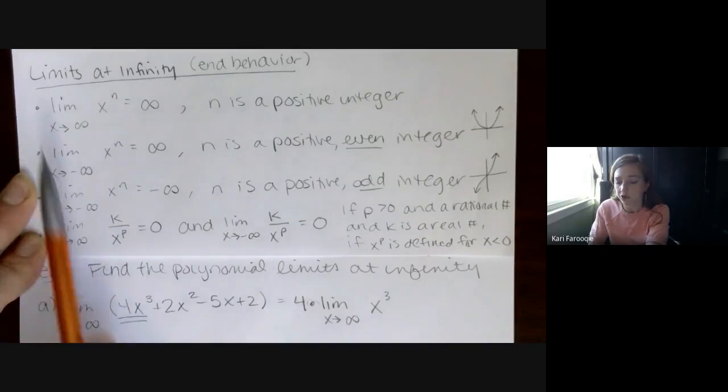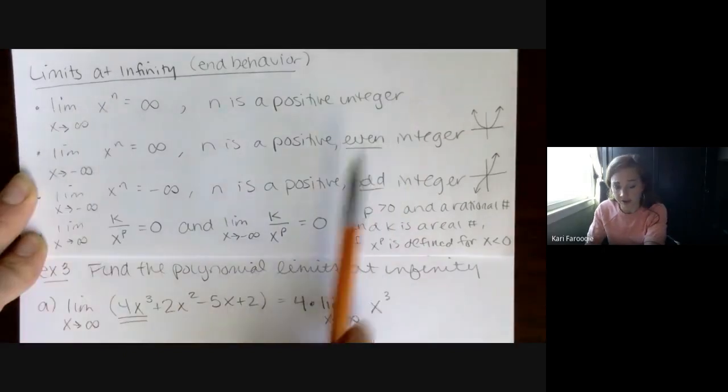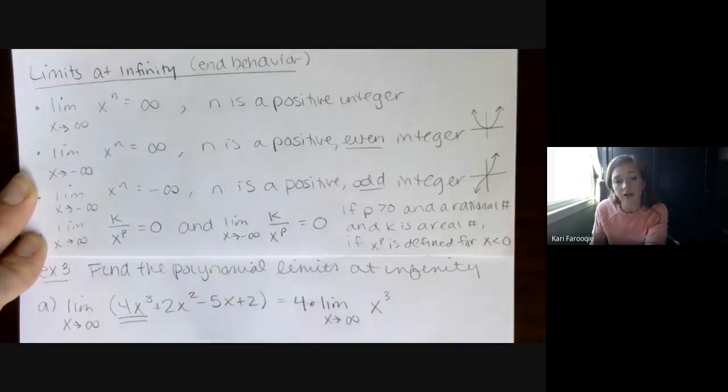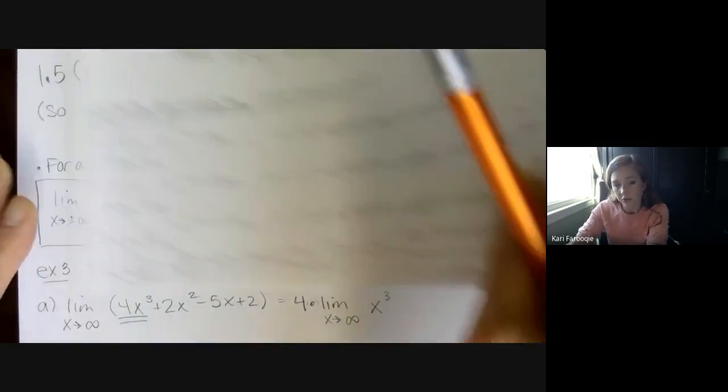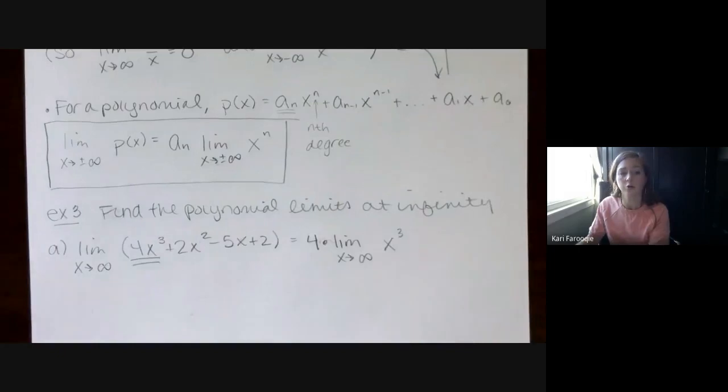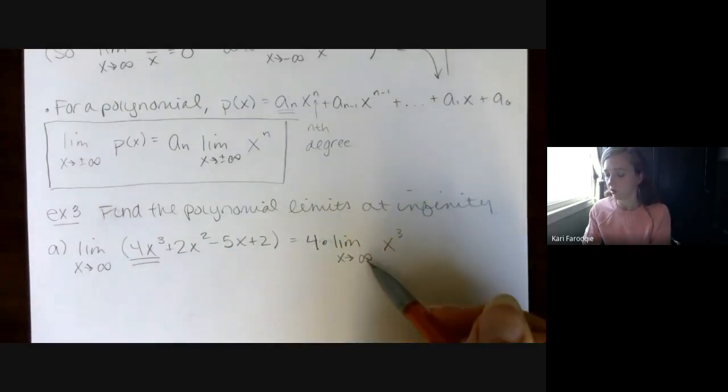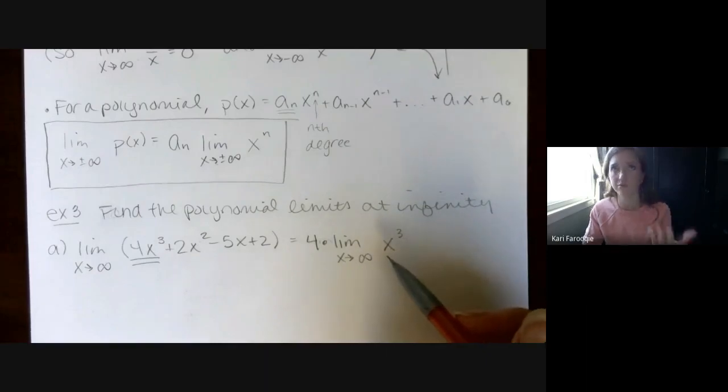Now, some of you will look back at this and do your limit that way. For others, this is just going to be a little bit more intuitive. Some students feel very comfortable with saying that infinity cubed is infinity. So some students will just think about this using direct substitution. And they'll say, okay, well, x cubed, we're going to take infinity and cube it. Infinity times infinity is still infinity.